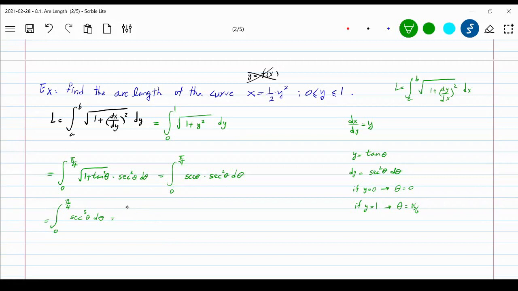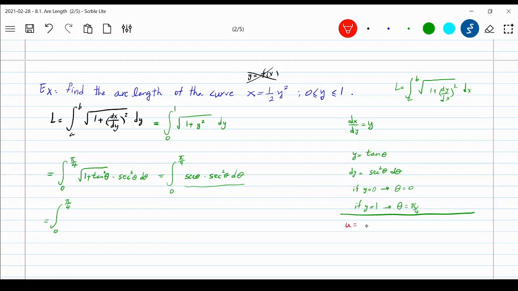We wrote this in terms of secant theta times secant squared, which I can erase because we already have it in that format. We use integration by parts. Let me use a different color.